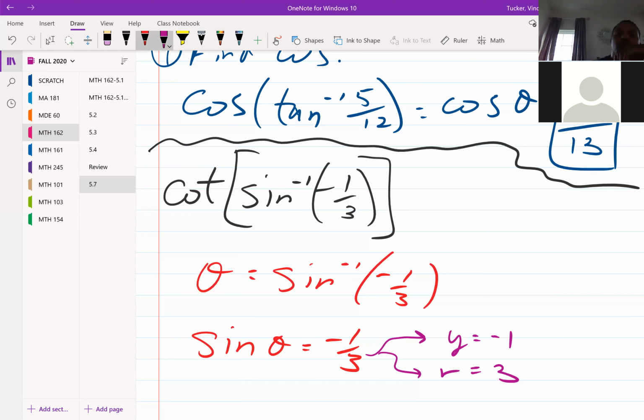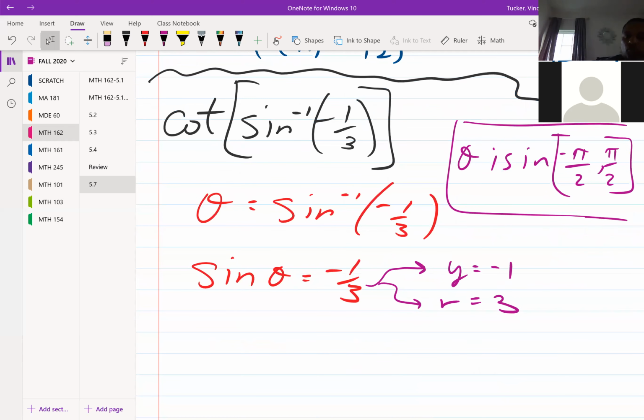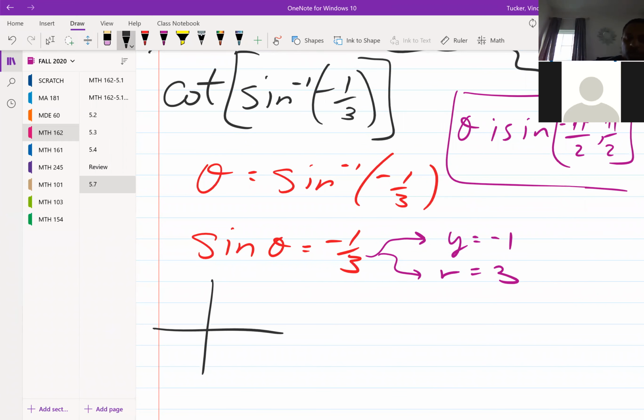Also, theta. All right. So when we look at our sketch, you know that all of your trig functions are positive in the first quadrant.